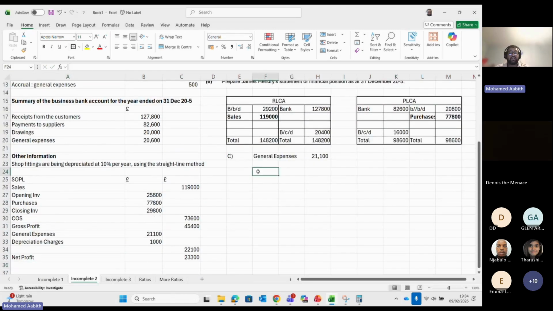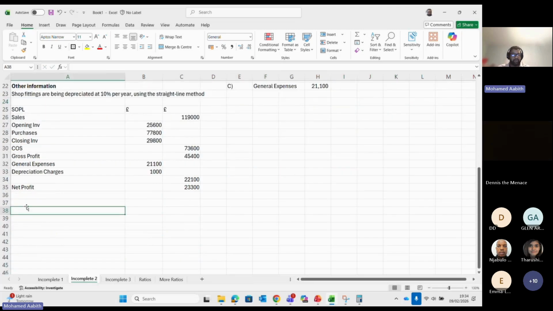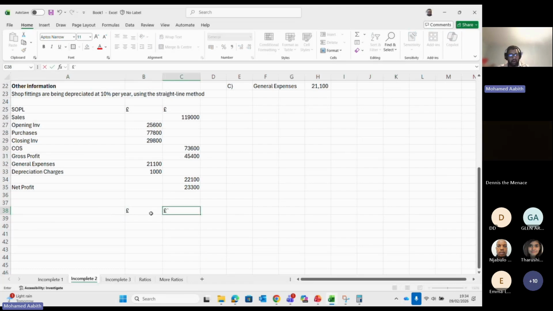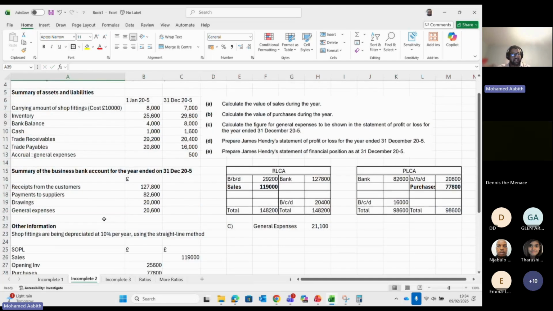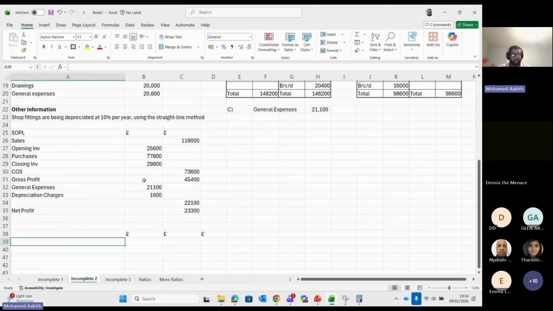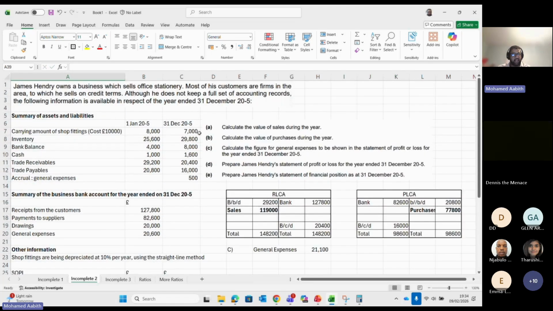So let's look at the statement of financial position. We're going to have three lines now. What is the first asset we have? Shop fittings. This is the carrying amount.